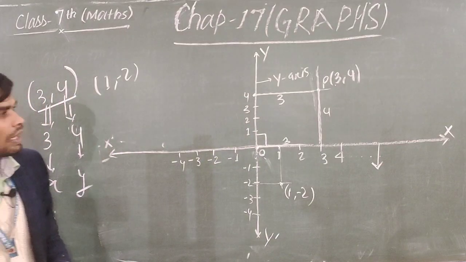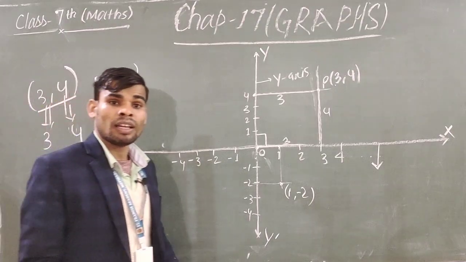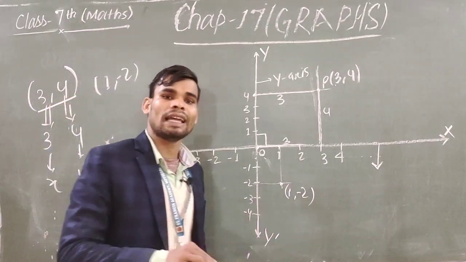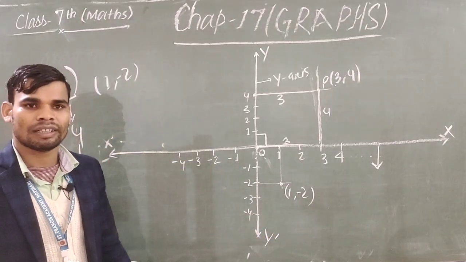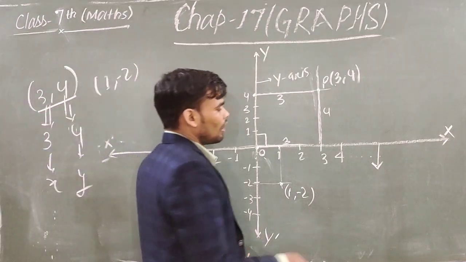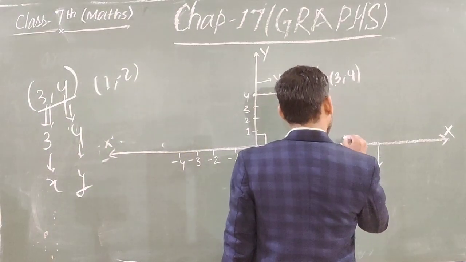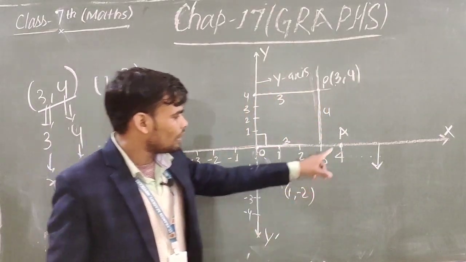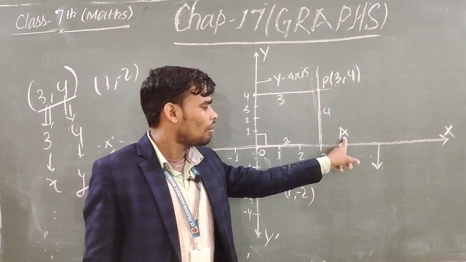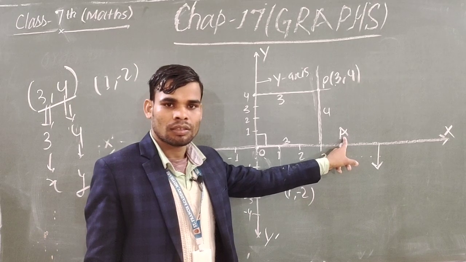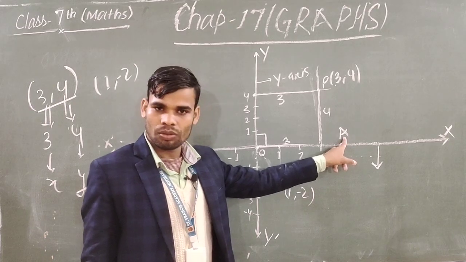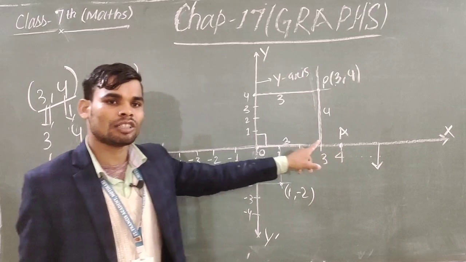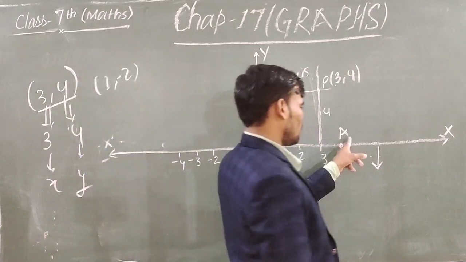Okay, one thing more, let me clear: if any point is on the x axis, then what will be its coordinates? For example, suppose here there is a point A, then what will be the coordinates of this point? What is the distance of this point from the x axis? It is 0.